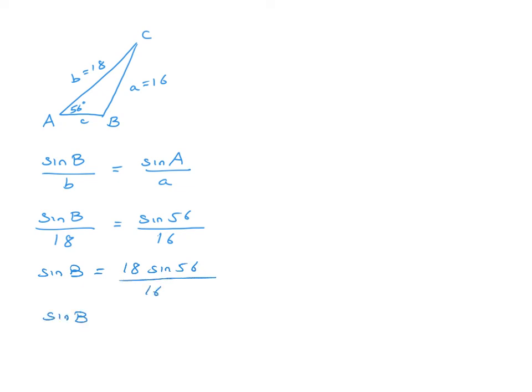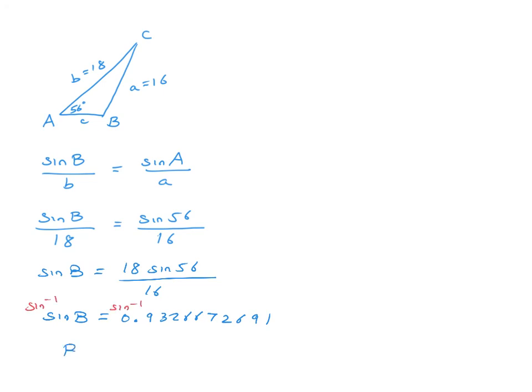This is really similar to the previous problem. If I type this into my calculator, I'm going to get the exact same thing as last time, right? Yeah, I get 0.9326672691. So if you want B, you have to take sine inverse of both sides of your equation.